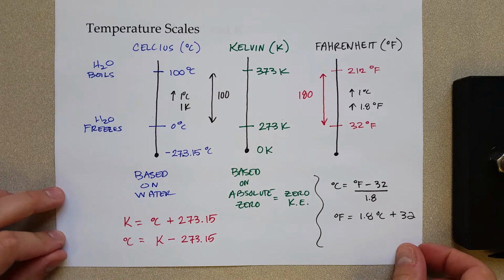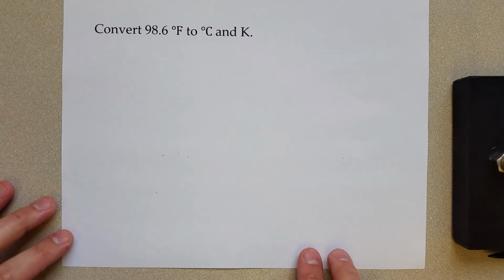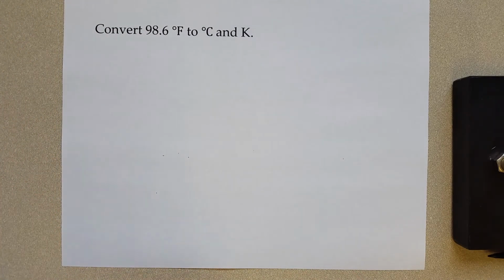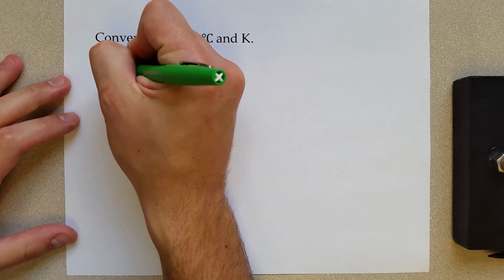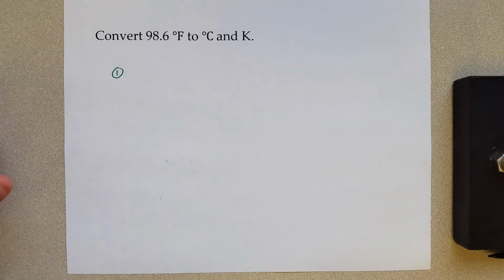All right, so let's get some practice using those new equations. Let's convert normal body temperature, 98.6 degrees Fahrenheit, to Celsius and Kelvin. The easiest is to convert to Celsius first and then to Kelvin.